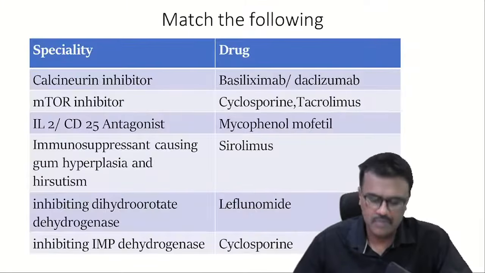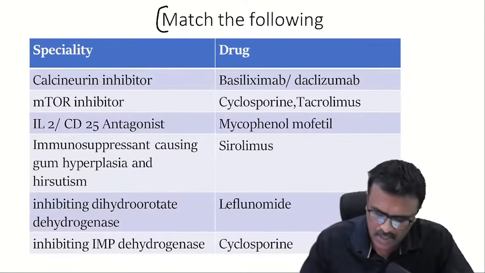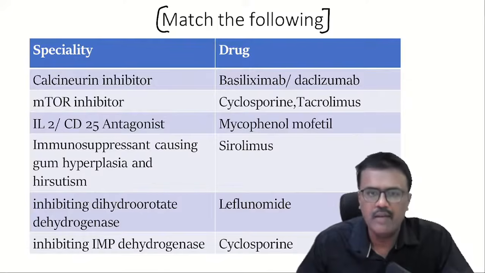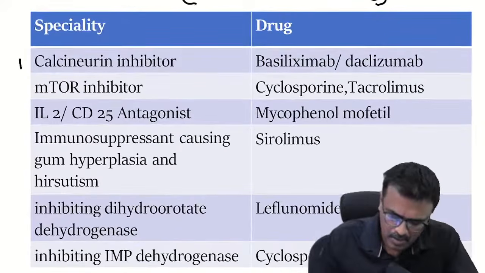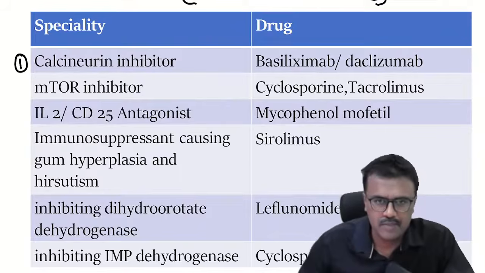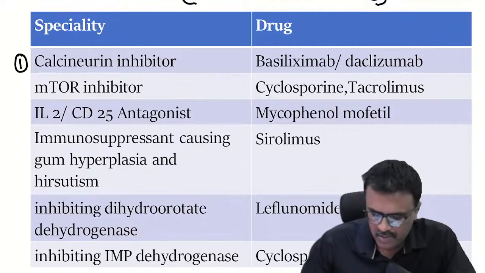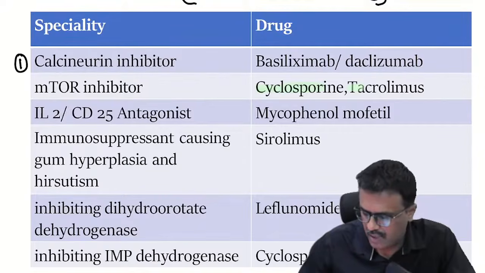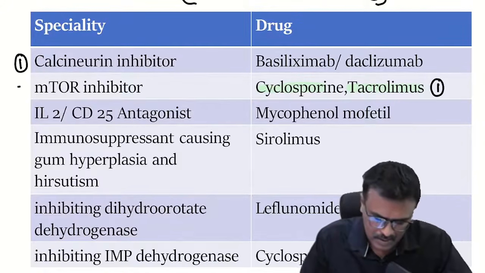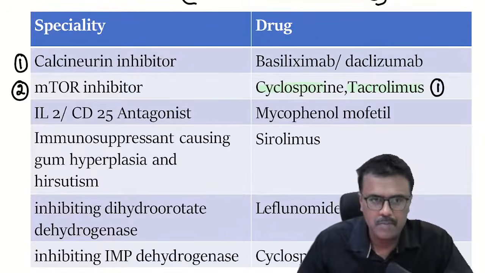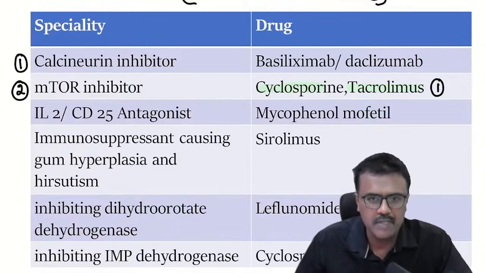Now coming to immunosuppressant drugs, match the following. Again they will ask you the mechanism, so that's why we made a match the following question. Number 1, calcineurin inhibitors. The calcineurin inhibitors are cyclosporin and tacrolimus, which are used as immunosuppressants. So I am matching 1-1. Second, we have mTOR, mammalian target of rapamycin inhibitor.